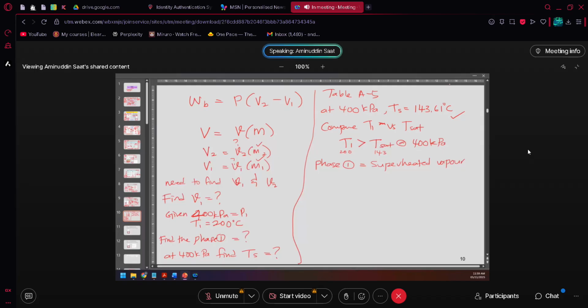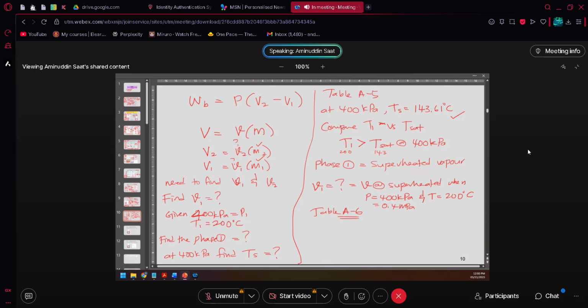Once you know it is superheated vapor, what is V1? So V1 is V at superheated when pressure is 400 kilopascal and T equals 200 degrees Celsius. You can find it from table A6, at pressure 0.4 megapascal, because it is equivalent to 400 kilopascal, and temperature 200 degrees Celsius.